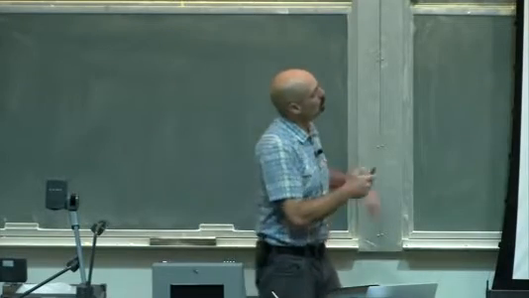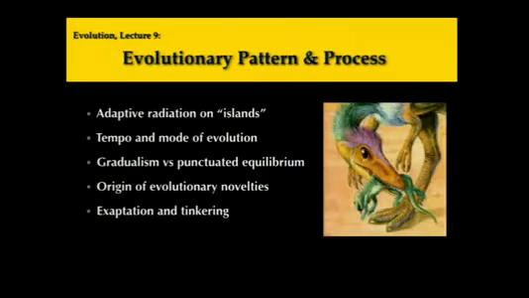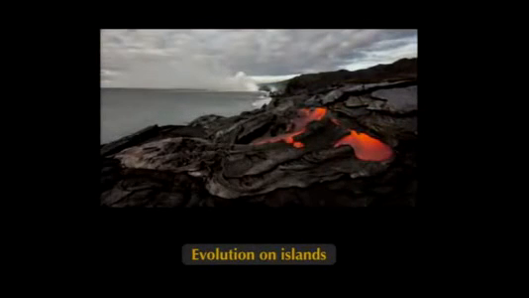And we'll look at mechanisms of evolution involving exaptation and tinkering, this concept of working with what's available rather than inventing things anew, and thus innovating with the materials at hand. That's part of those concepts. All right, all of these things today.